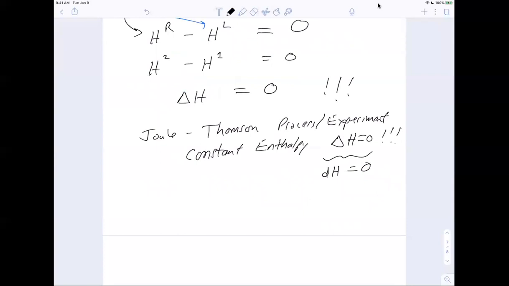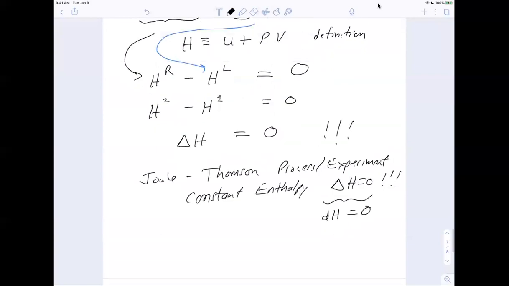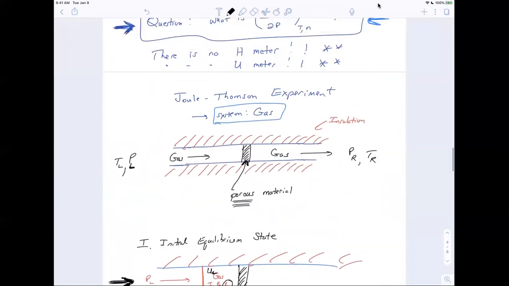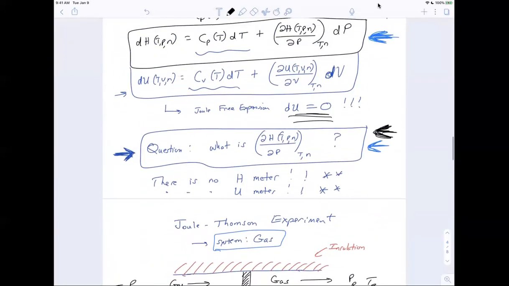And by analogy, remember for the Joule free expansion, we had delta U is equal to 0. So in the Joule-Thomson experiment, we have delta H is equal to 0. And that's exactly what we wanted. That's going to allow us to answer the question we were interested in, namely, what is the partial of H with respect to pressure at constant temperature?